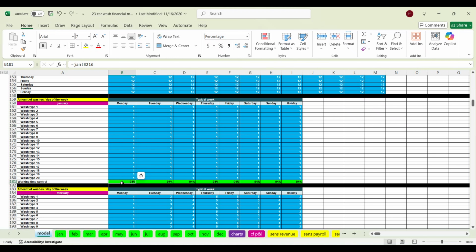So it's very important for scenario modeling, so it won't give you the ability to specify more services than you can perform, and this means that you will be given the realistic revenue.